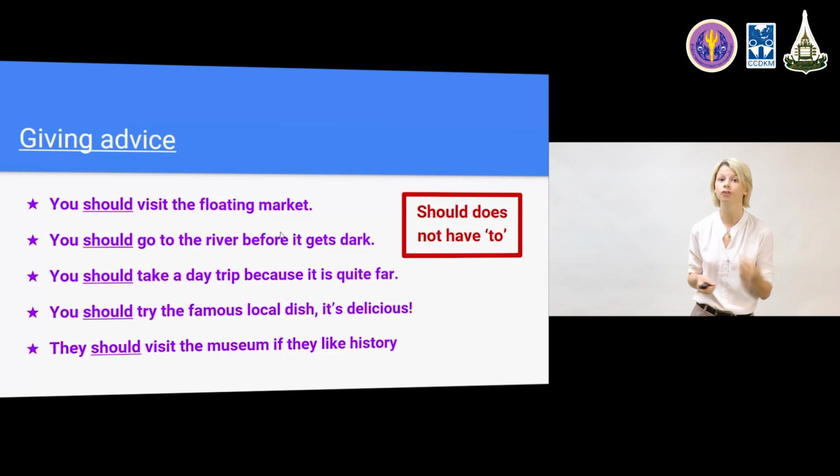We use should to give this advice. The third example, you should take a day trip because it's quite far. You should means it's a good idea, but it's optional, it's up to you.